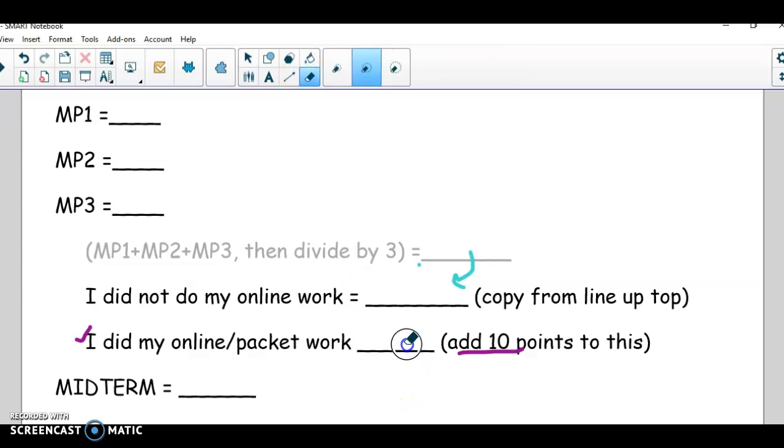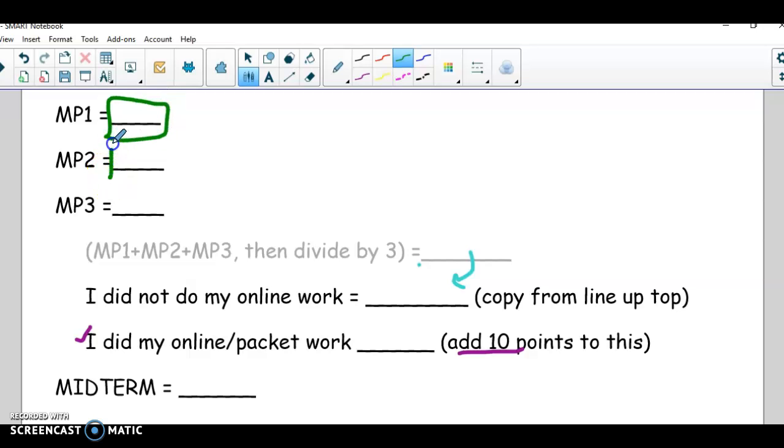All right, you're going to copy down your midterm, go on your report card to look at that. And then once you're done, what you want to do is add up all 5 things that you have: 1, 2, 3, the midterm, and then pick one of these. If you did not do your online work, you're going to put this one in. If you do your online work, you're going to put this one in.